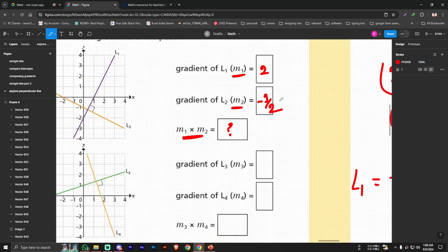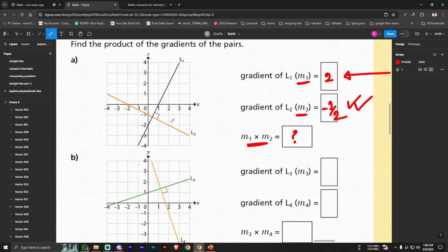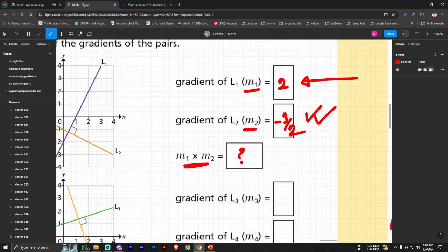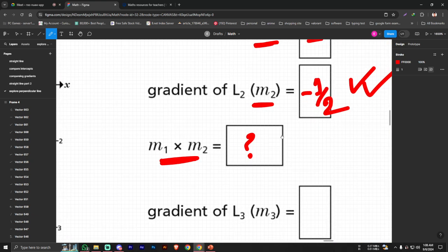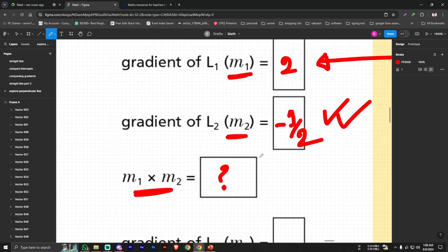Same way you take two coordinates and then put them in the formula. I did it first and got minus half. Now just multiply them. What do you get?